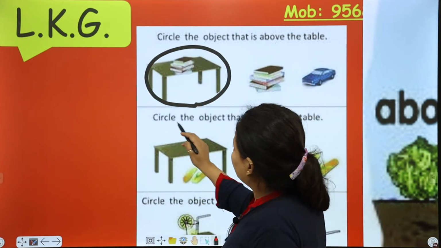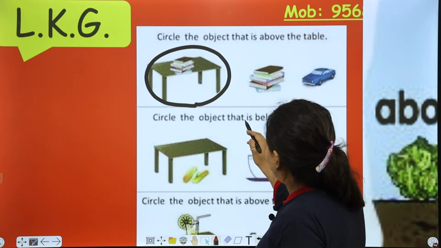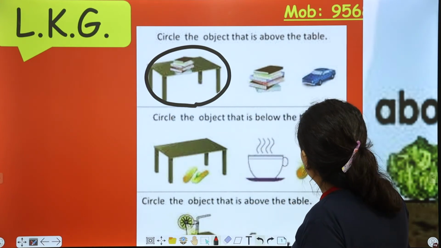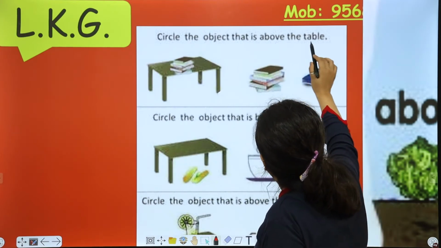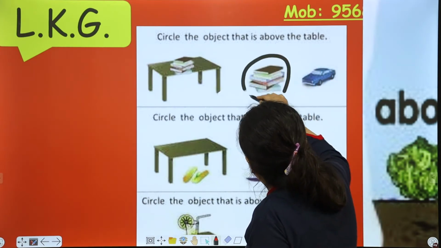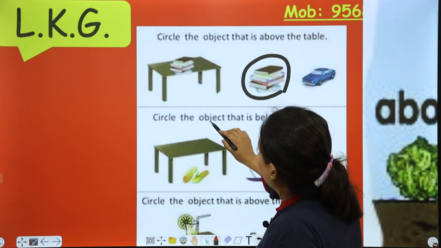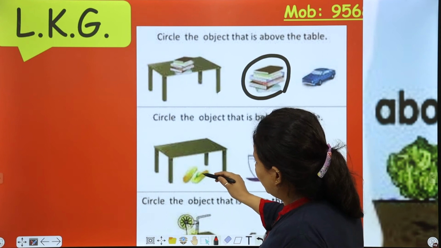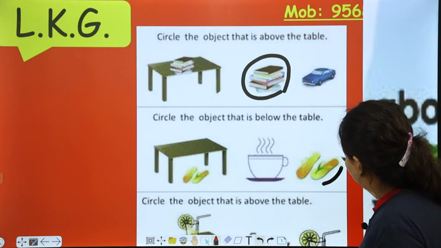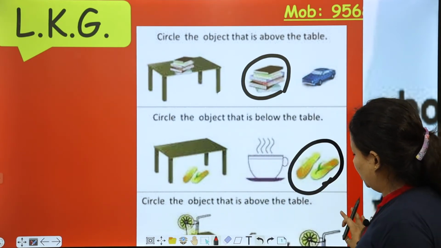Next is: circle the object that is below the table. What is below the table? Slippers, right? Then we have to make a circle on it like this.